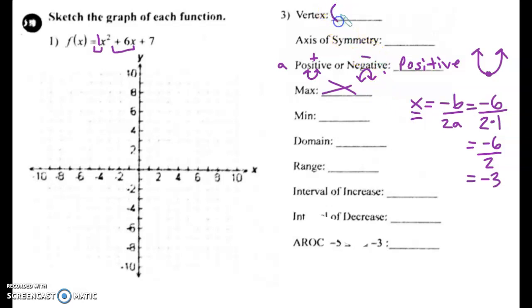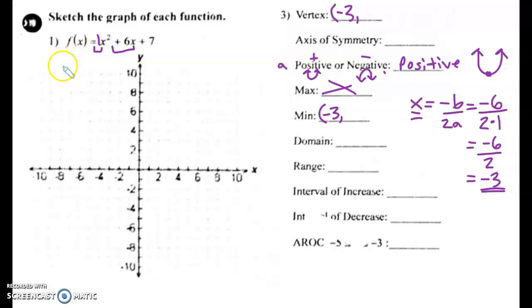So I can come up here and say, negative 3 is my x value. Same thing for the minimum. It's the same as your vertex, like we just discussed. Now to find the y value, I have to take this negative 3 and plug it in everywhere I see an x. So let's do that underneath here.